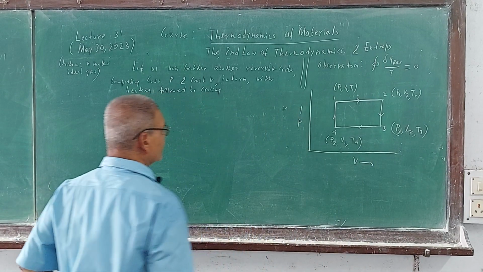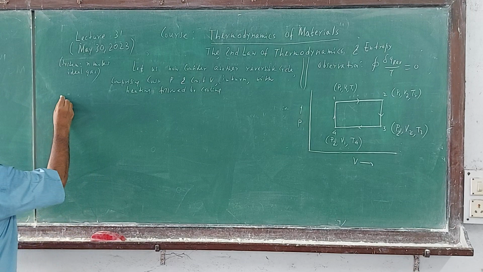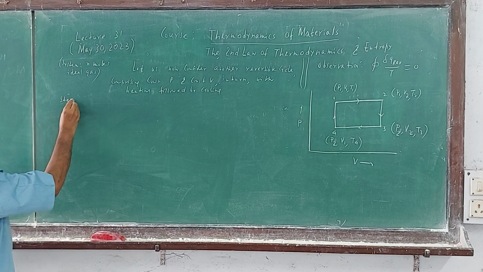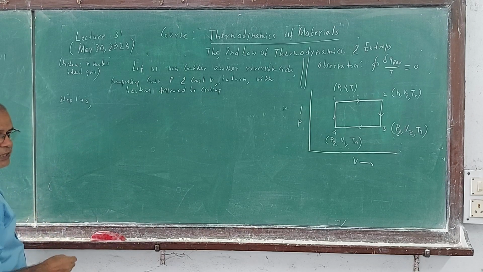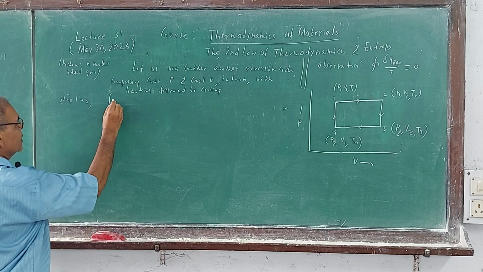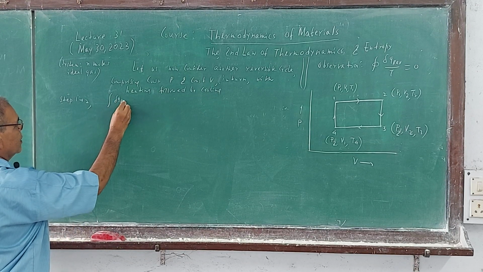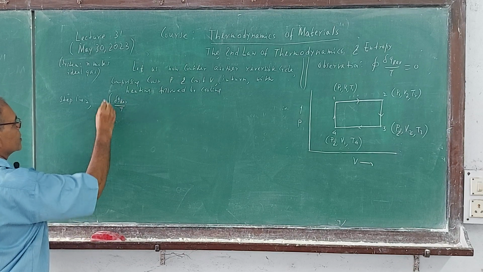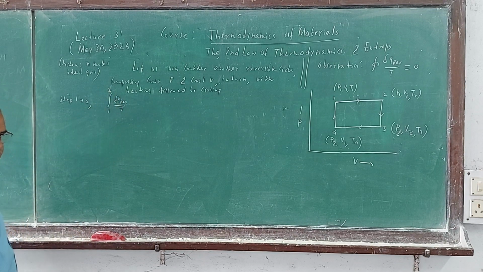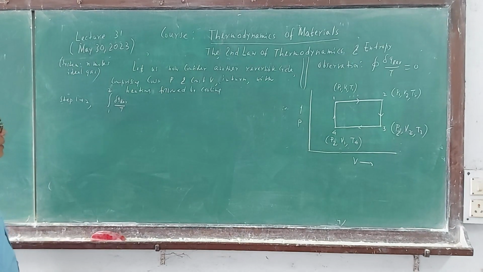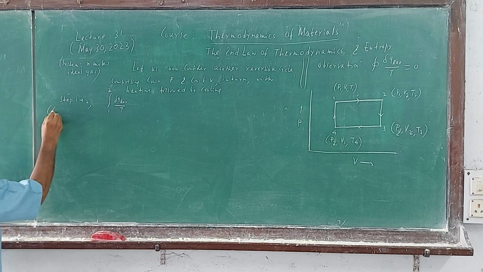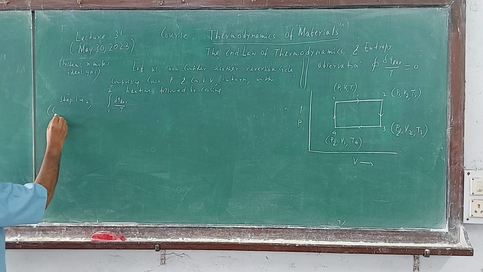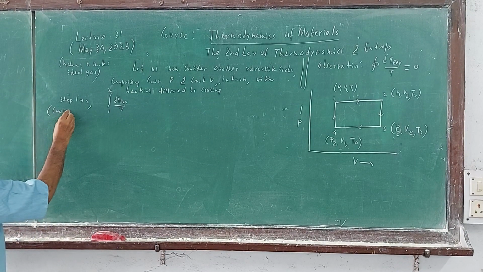So first step, like last time, step 1 to 2 we consider the integral of dq reversible by T. Stepwise, then we will add them together to get the cycle. What is this step?